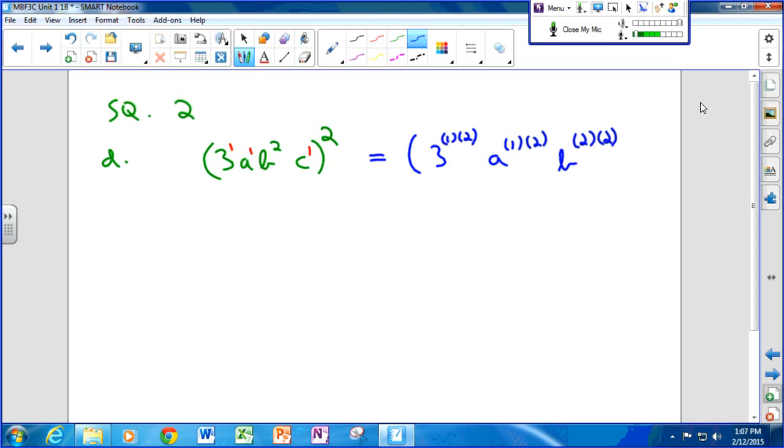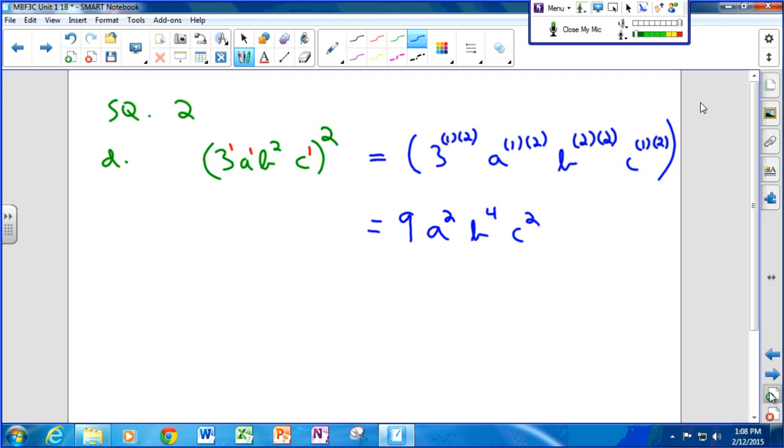And then we had c, and it's 1 times 2. There you go, that's the expansion. Now it's just a matter of going back through. What we have is 3 to the power 2, which we could write as 9. We have a to the power 2, because 1 times 2 is 2, so a squared. We have b to the power 4, and we have c to the power 2. So that's how that expands out.